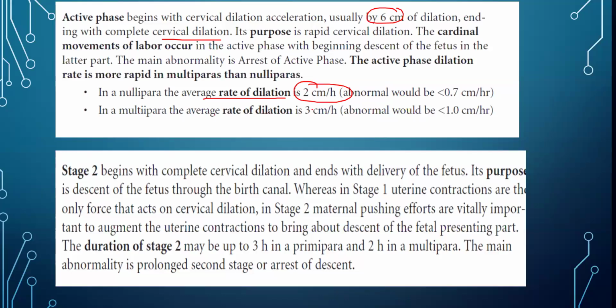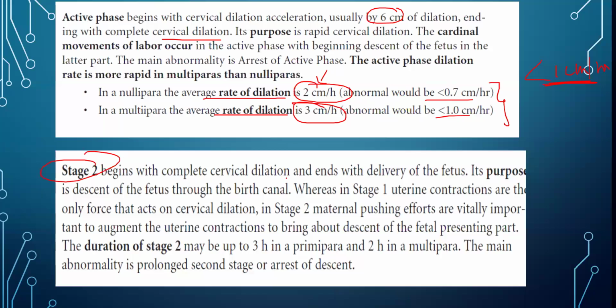In multiparous, average rate of cervical dilation should be at least 3 centimeter per hour. So that's optimal, but they don't say that abnormal would be less than 0.7 or less than 1. So we normally keep it like this. If the patient is in active stage of labor and dilation is less than 1 centimeter per hour, then we would think that it is abnormal. Okay? That's one thing that you should remember.